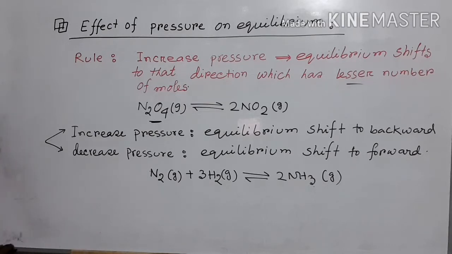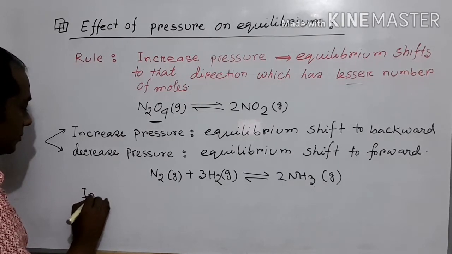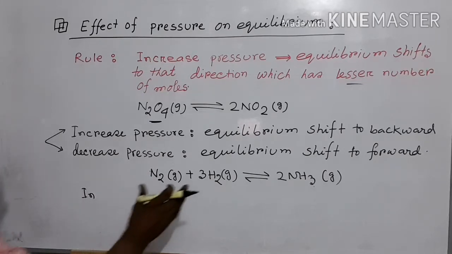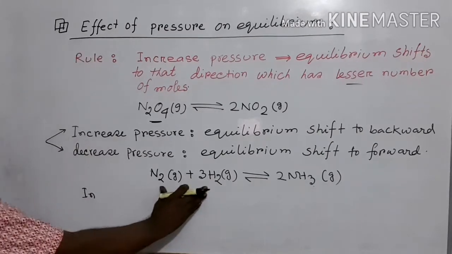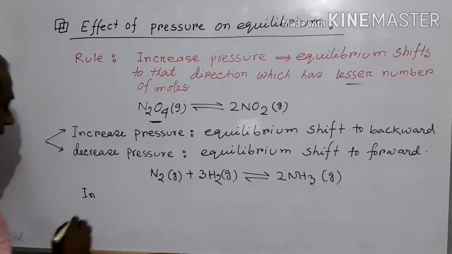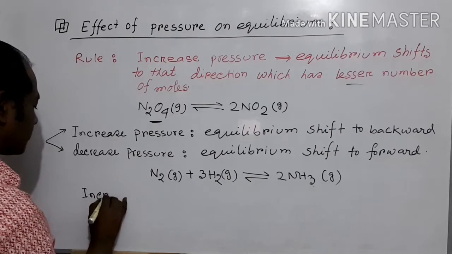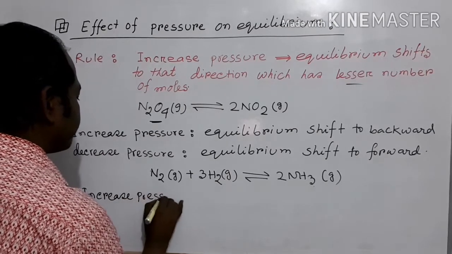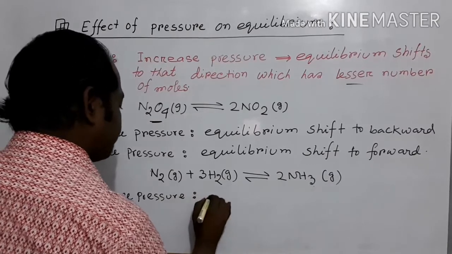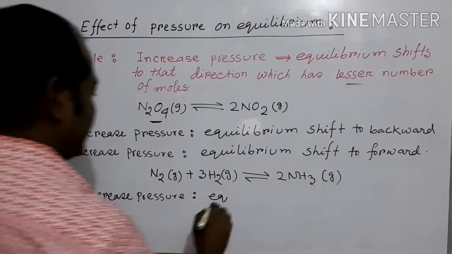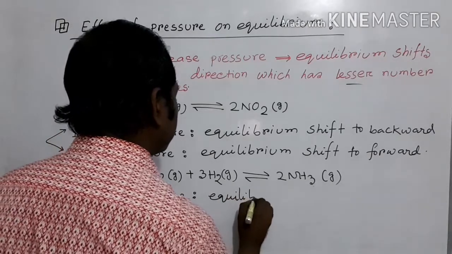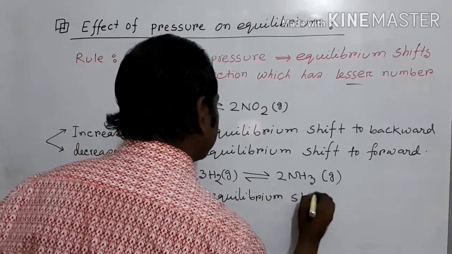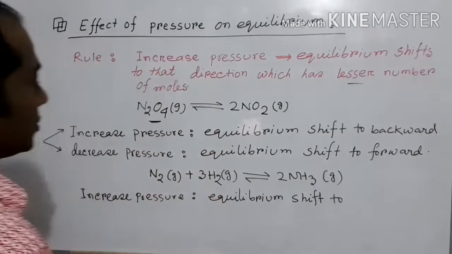So if we increase pressure for this type of reaction, where the mole number of product is lesser than the mole number of reactant, then equilibrium shifts to forward.